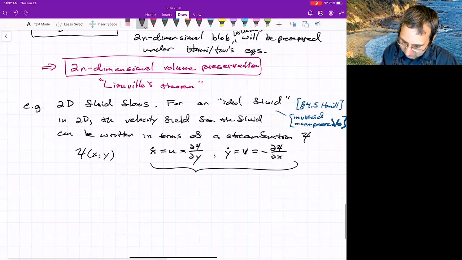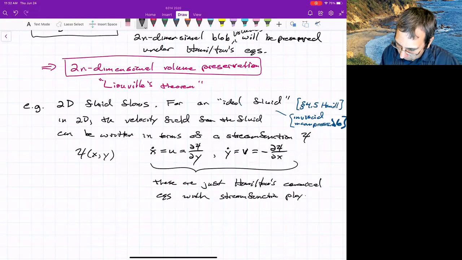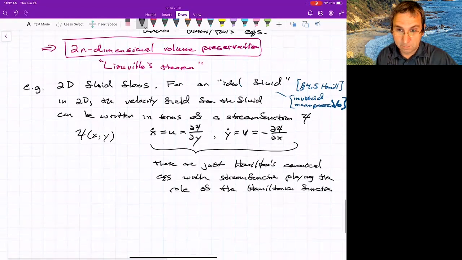So what are these? These are just Hamilton's canonical equations with the stream function playing the role of the Hamiltonian function. At least mathematically, it's the same.